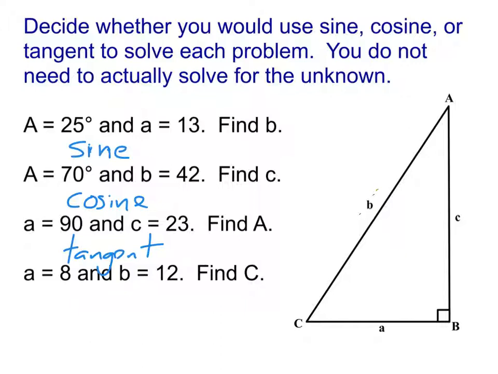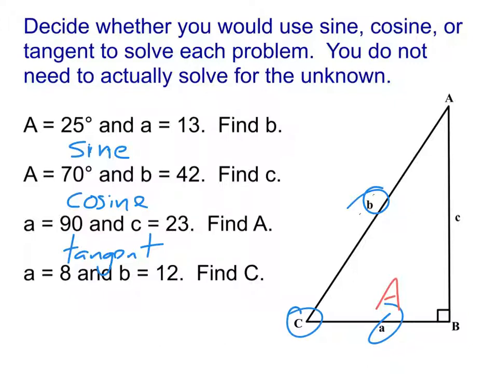All right, last one. In this one, you notice I'm switching up the angle. I'm going from angle C this time. We know side A. We know side B. Well, look at the names of each. So this time we're going from angle C. What do we call side A? It's no longer the opposite because I changed the angle. In this case, yeah, it's the adjacent.